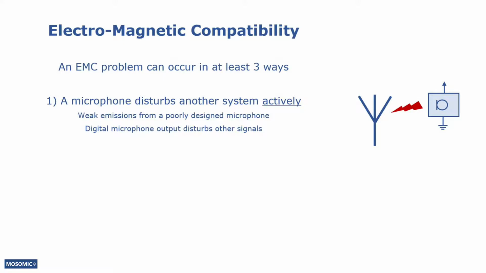Luckily, this is a rare problem because any emissions from a microphone are likely to be very weak, so interference occurs only if the microphone happens to be located very close to the antenna in exactly the wrong spot. Also, the digital output line of the microphone can potentially couple to another signal. This is also easy to avoid if the system designer knows what he or she is doing.